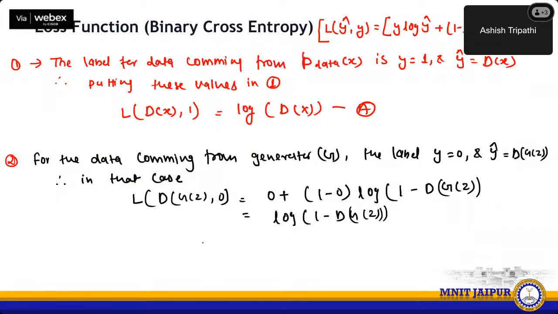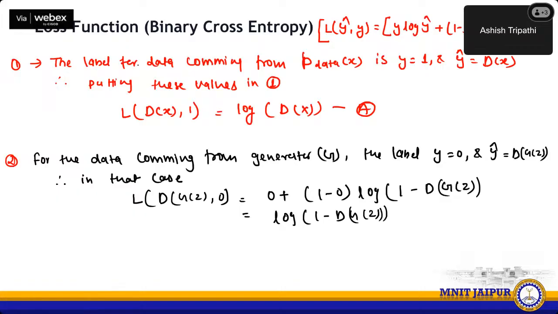Okay. So this is the same thing that I have described by deriving in front of you. This is the same thing that I have already written in the slide. This is the equation of the binary cross entropy. L of y hat comma y is equal to y log of y hat plus 1 minus y log of 1 minus y hat.